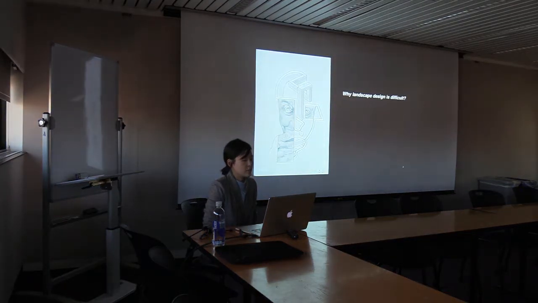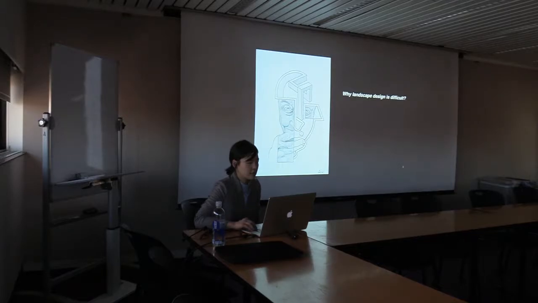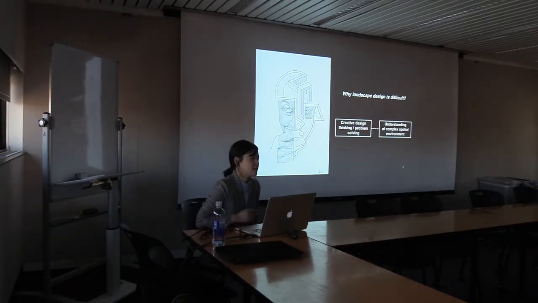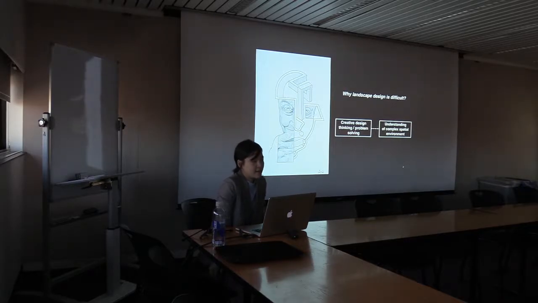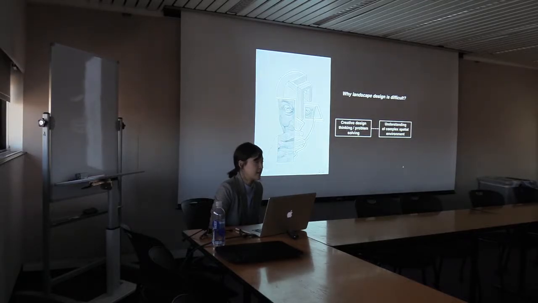The reason why I'm doing my research at a cognitive science group is that, as a designer or landscape architecture student, I always thought landscape design is not easy, very difficult, and I always asked why. I defined for myself 2 different reasons, based on some literature reviews. Landscape architecture is about creative design thinking, which is one of the highest-level intellectual activities that human beings can conduct.